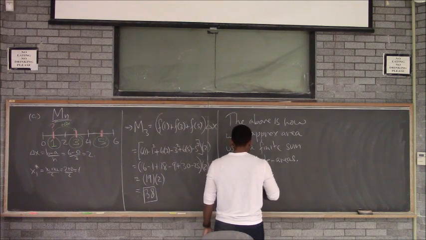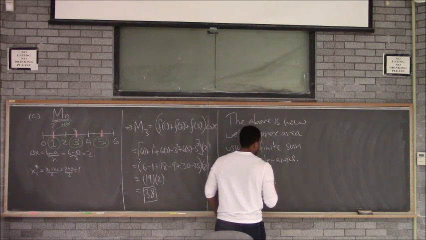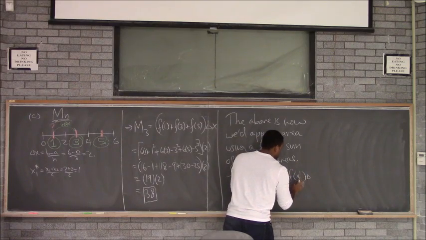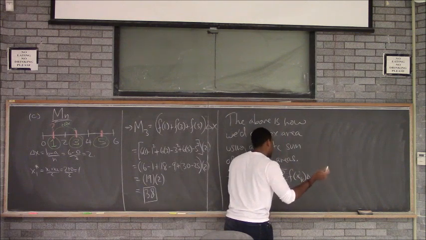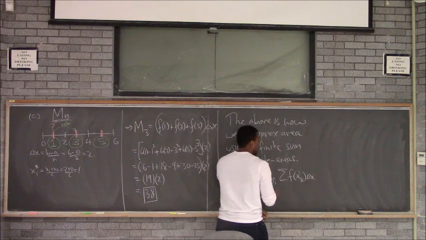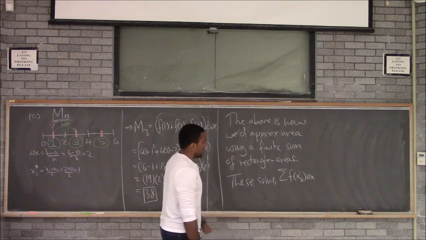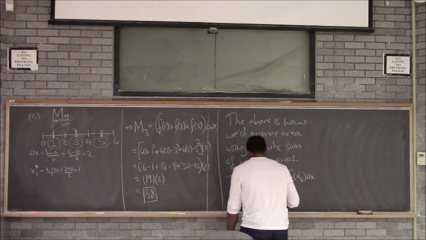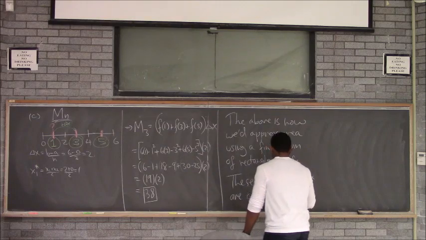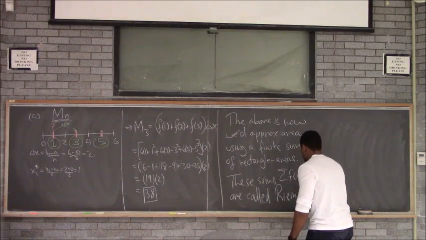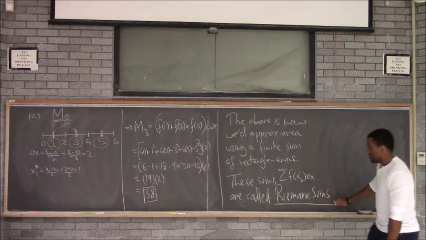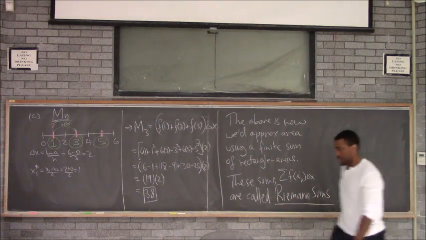These sums, I'm talking about the ones that look like this, f of x_i times delta x, f of x_k. Your textbook uses k, I'm used to using i. These sums that look like that are called Riemann sums. It's named after a person's name.